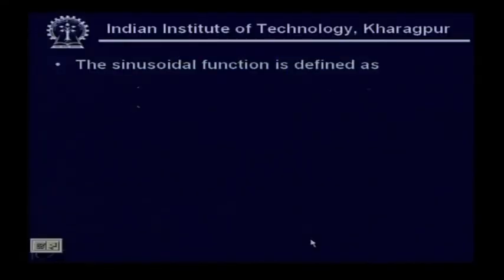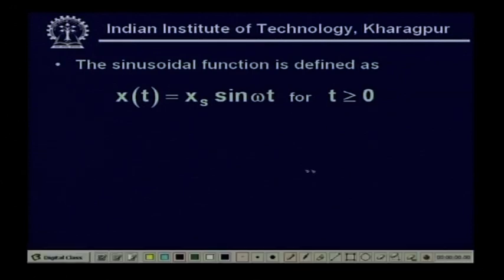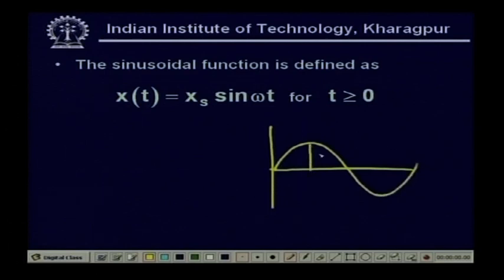The sinusoidal function we can write as x equal to x_s sin omega t. Very simple, we all know. That means, if I have a sinusoidal function, this is my x_s.